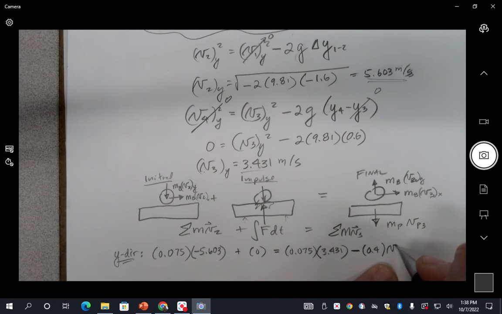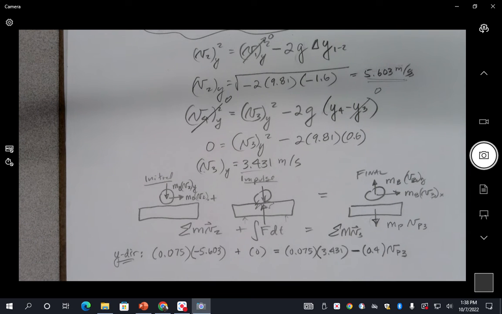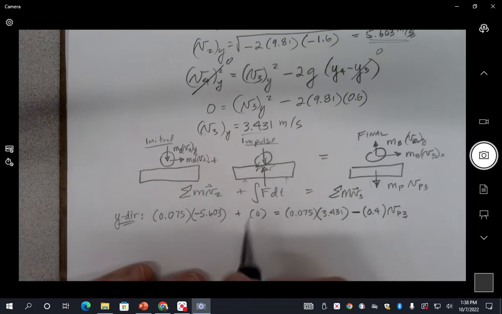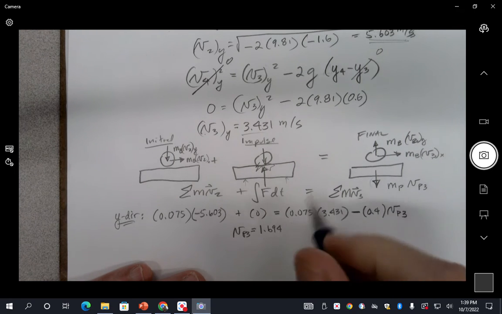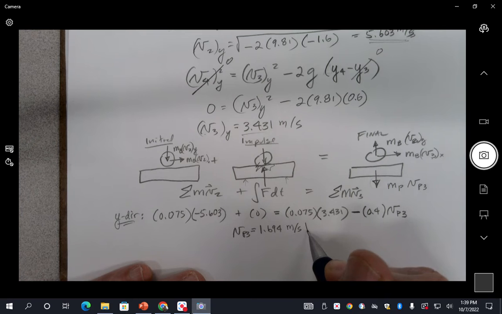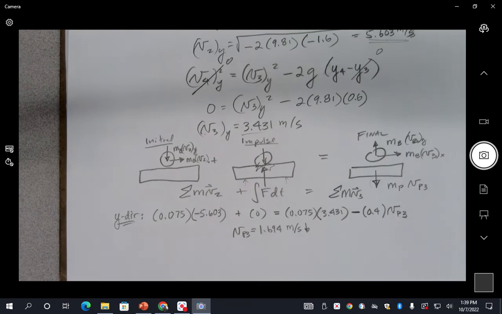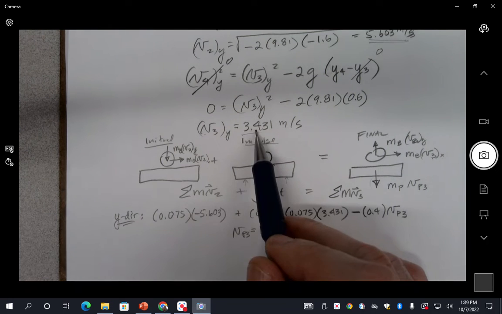And here's a velocity I don't know, VP3. You can see we could find VP3, right? It's going to be 1.694. And we expect it to be considerably less. I guess it's not that much less, but it is less than the velocity of the ball after the fact, right? Because this one's 3 and that was.